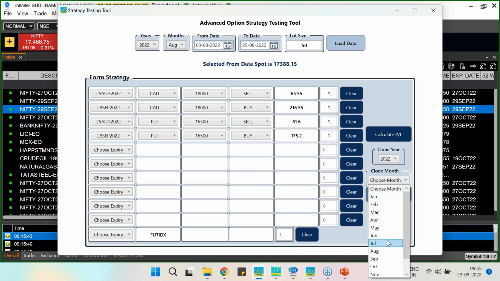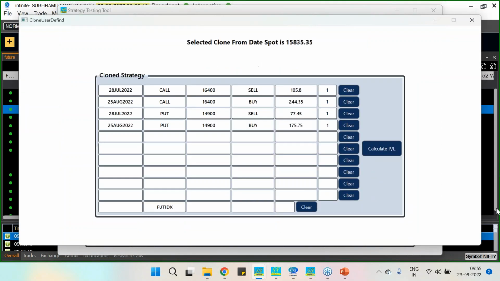August I have tested, so I am going for July and I am going to clone it. This process of testing your strategy, this tool makes very easy. So here you can see, this is being formed for the month of July and August.